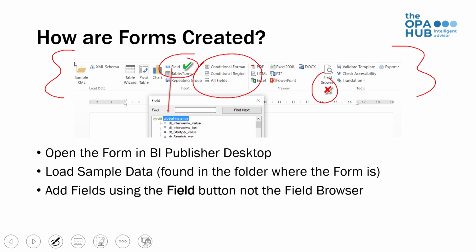I personally prefer the field option because it pops up in a nice dialog and shows me all of my fields, all of my attributes from Intelligent Advisor. It's easy for me to read. You might notice, for example, that I have these names here. These are the names that I gave to my attributes in Intelligent Advisor.